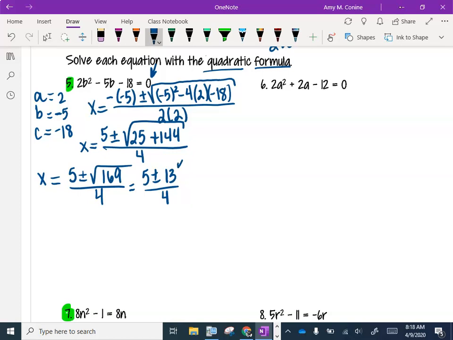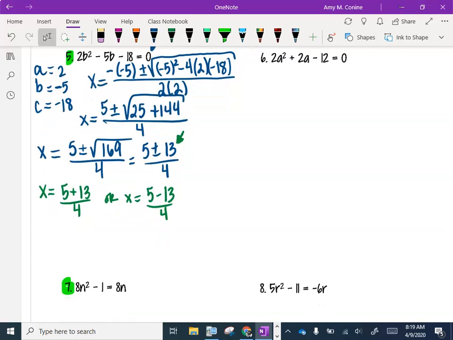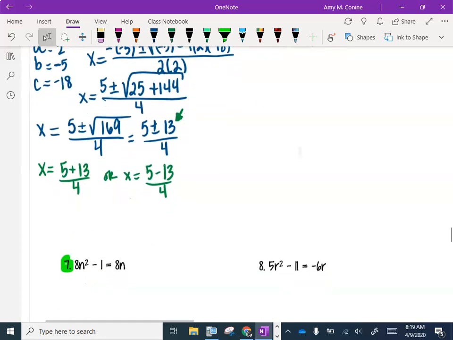Because you have a number right here and not just a radical, you have an actual simplified number, that 13. You're going to split, you're going to do a plus 13 over 4, and then you're going to do the minus. Okay, you can give me real numbers here because you have a real number simplified from that radical.